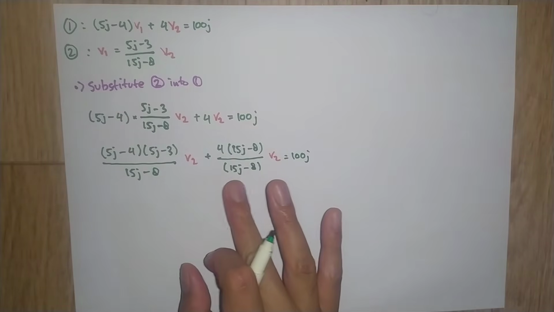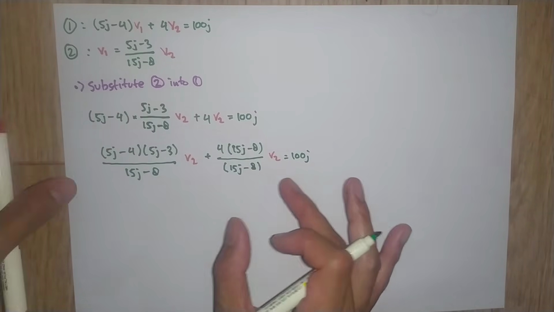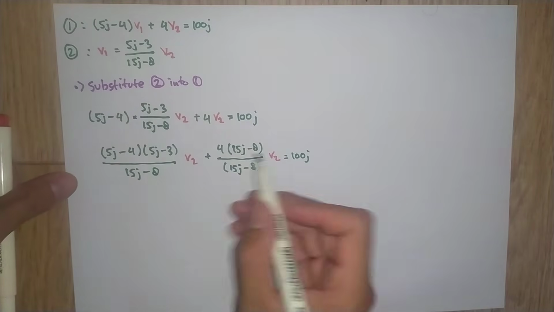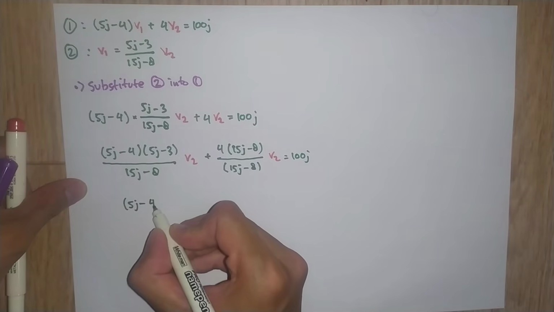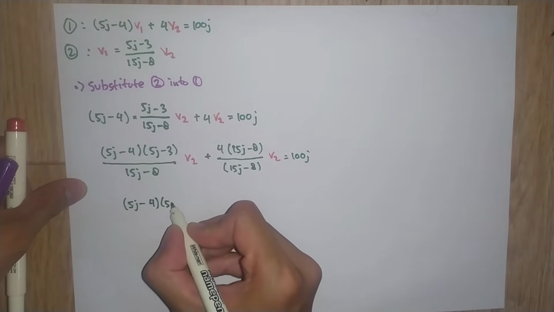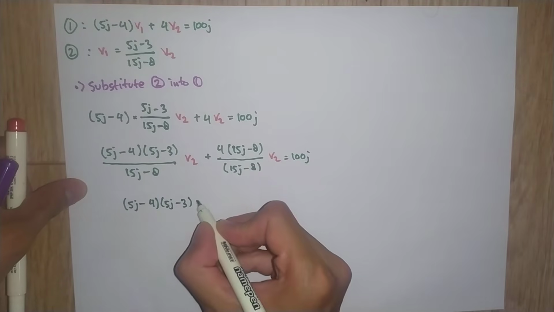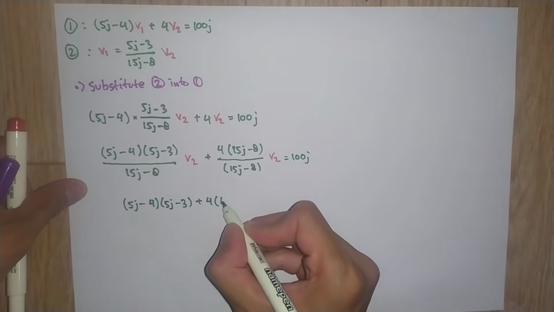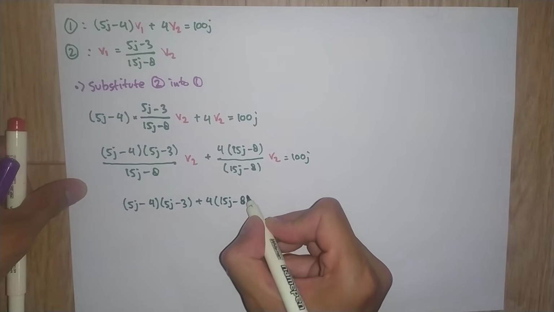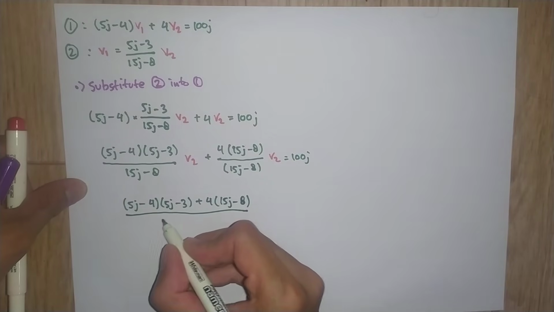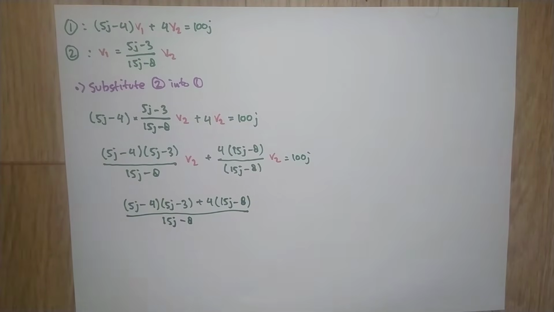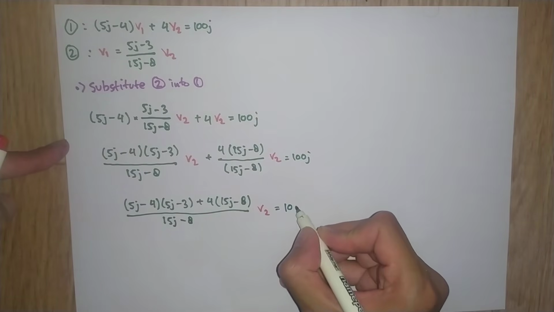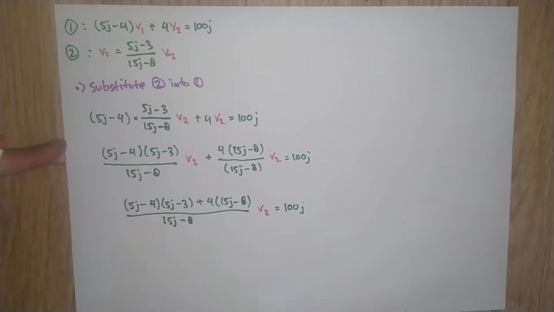Okay, now because the denominator is the same, we can just combine them. So I will have all of this in the left hand side. So I'll have 5j minus 4, and then 5j minus 3 plus 4 times 15j minus 8, divided by 15j minus 8, and that all multiplied by V2, that will get you to 100 joule. So we can cross multiply both sides.